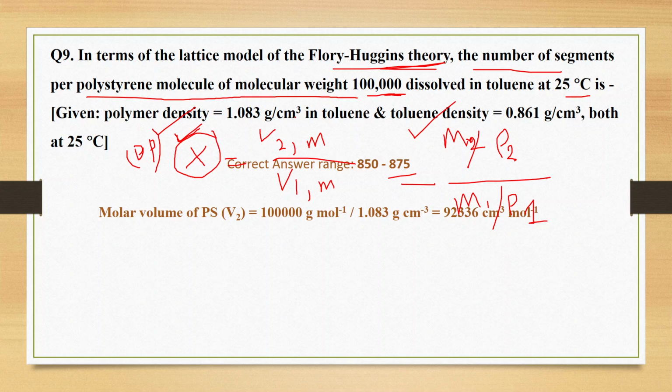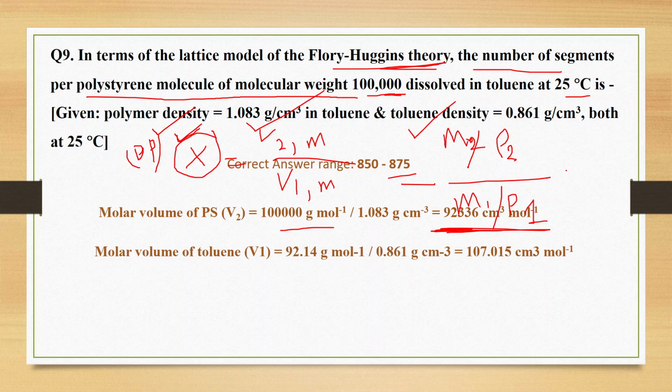First, let us calculate the molar volume for the polymer. You know the molecular weight is 1 lakh, and you know the density. So you just have to do m2 by rho 2, and you will get the molar volume.